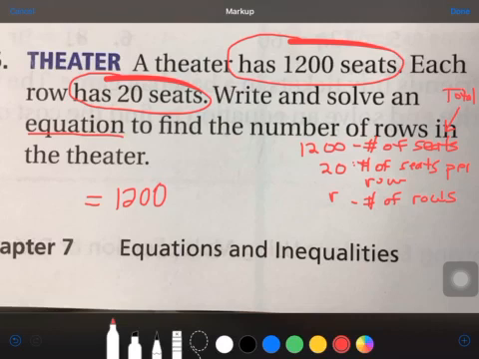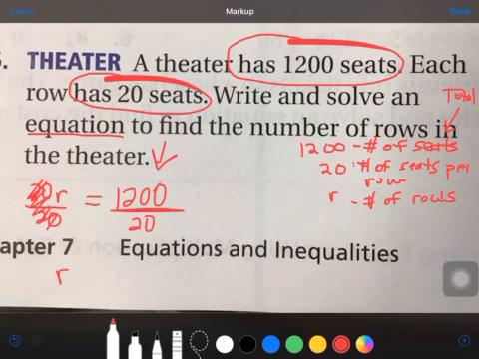So I don't know my number of rows, but I do know that each of them has 20 seats. So whatever R is, I'm going to have to multiply that by 20 in order to get the total number of seats. So we're multiplying 20 times R. To get rid of that, we're going to divide by 20, and we'll do that to both sides.